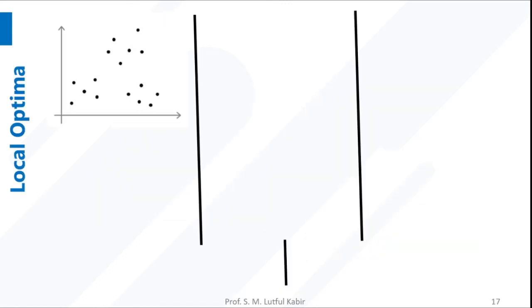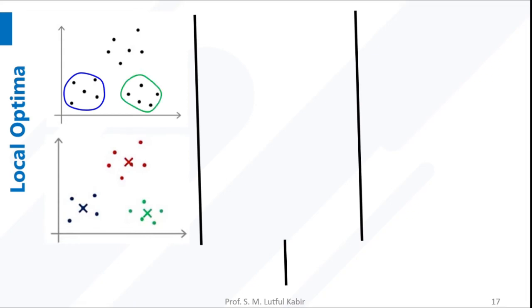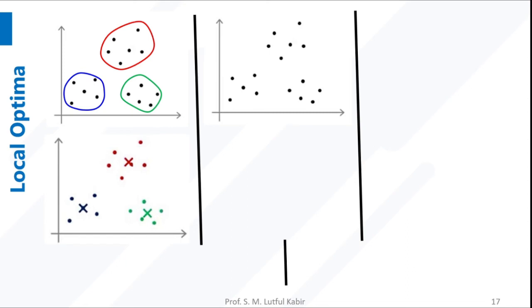So there is a problem called local optima. What is that problem? For example, you have this set of data. This is one cluster, this is another cluster, and you end up with a red centroid, a blue centroid, a navy blue centroid and a green centroid. But in some cases, you may end up with these three locations.